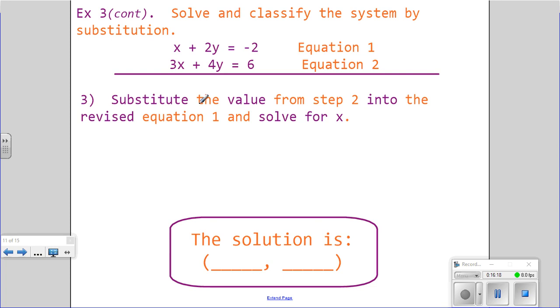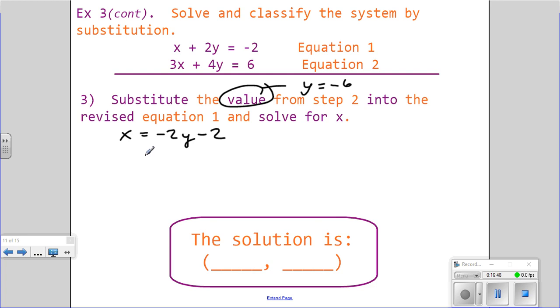Now, the last thing you do is substitute the value from step 2. So the value they're referring to is y equals -6. You're going to put -6 into the revised equation 1. So remember, we took equation 1 and got x equals -2y minus 2. That's the revised equation. Could you use the original equation? Sure. It doesn't hurt. It's probably better that way.